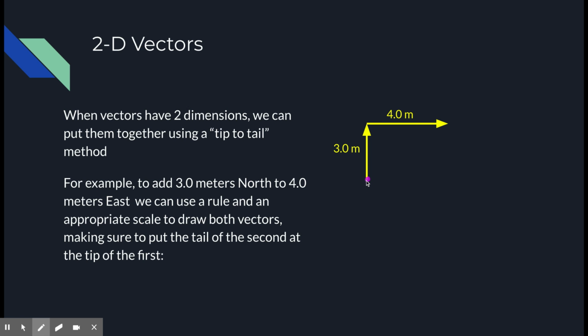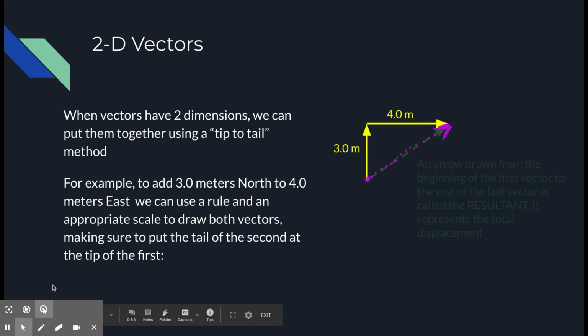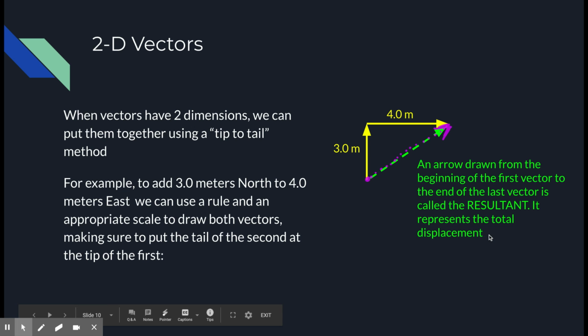So there's the tail of the arrow, and then the tip and tail join up, and then we connect our starting point to our end point to give us what we call our resultant. This represents our total displacement.